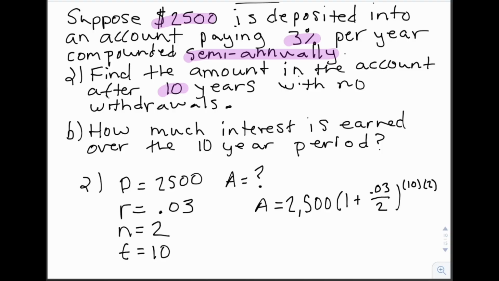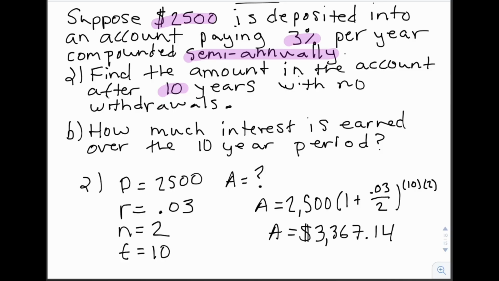Okay, so if we go ahead and plug that into our calculator, we should get a value of $3,367.14, which makes sense because we have some sort of interest. If we got some sort of value that's lower than 2,500, then we would need to go ahead and look at our calculations to make sure we did everything correctly.